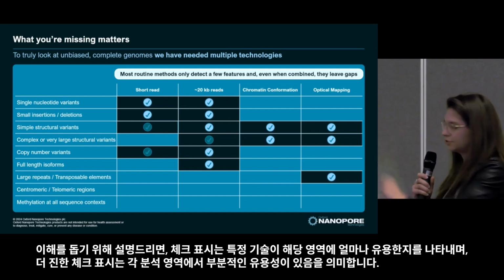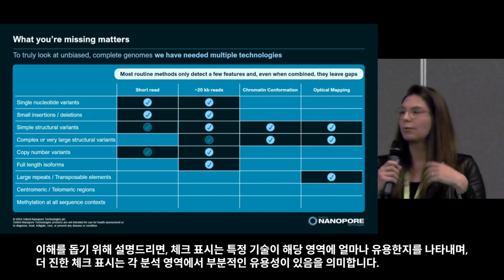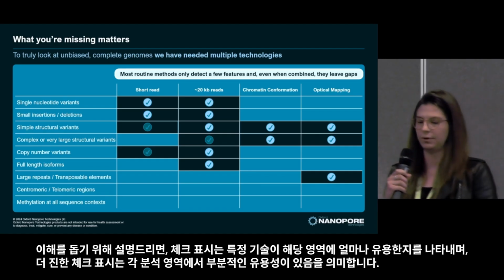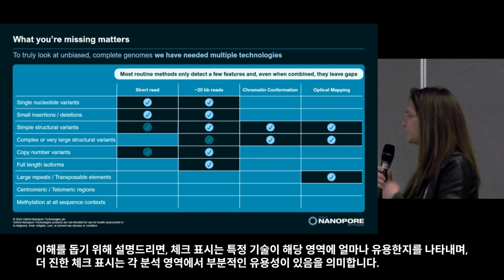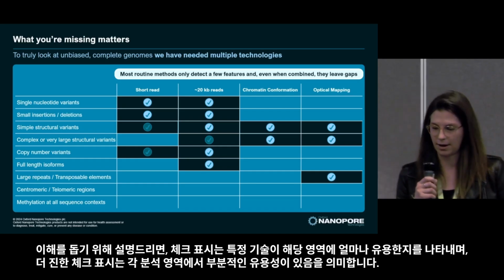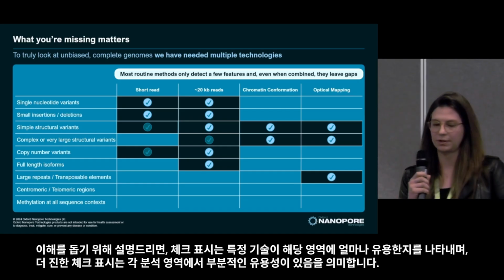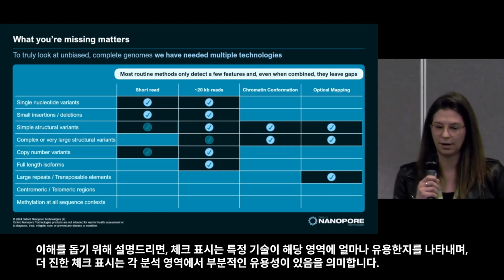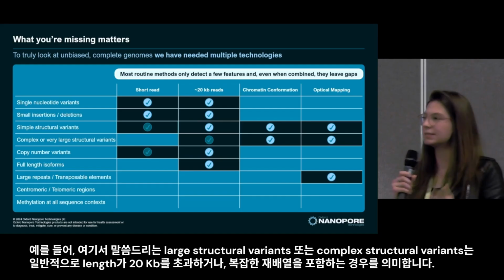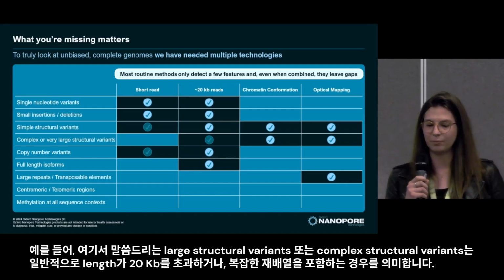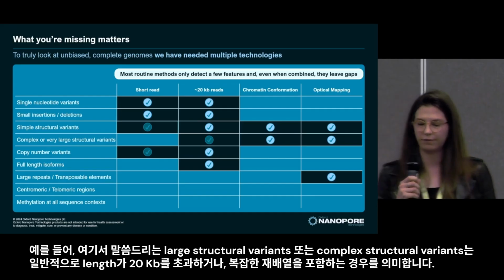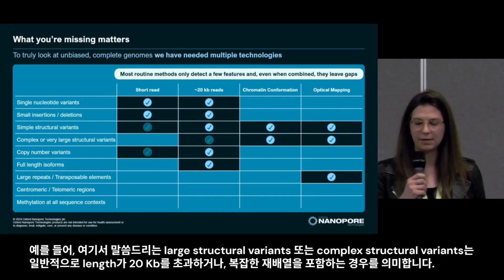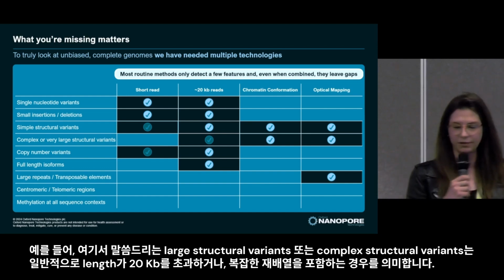To orient you, these check marks are representative of the usefulness of a particular technology to achieve precision in that particular area. And the darker check marks mean that there's some partial usefulness in those particular areas. So in this example, just to orient you further, we typically refer to large structural variants or complex structural variants as those greater than 20 kb in length, or those that have complex rearrangements.